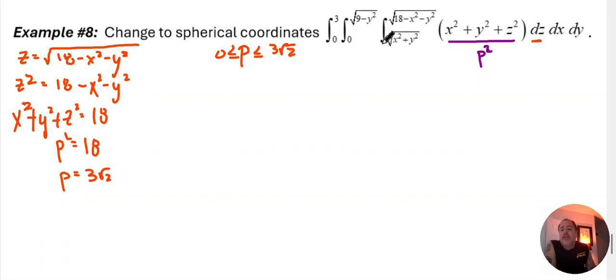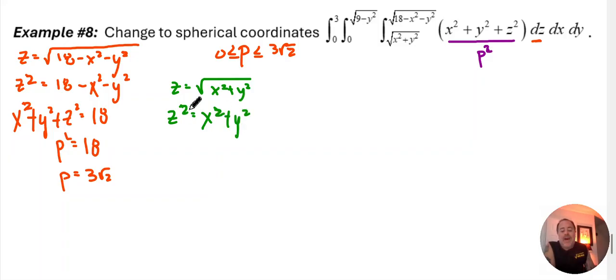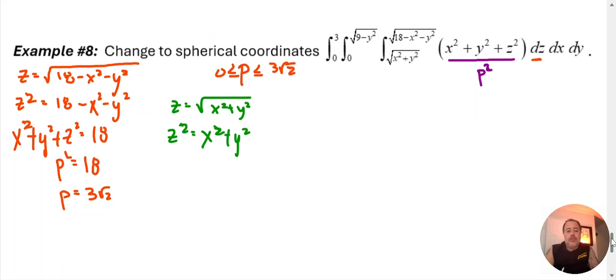All right, let's look at the other one. Let's dissect this next equation. We get that z is equal to the square root of x squared plus y squared. When we square both sides, we get z squared equals x squared plus y squared. I did this in example number 5, and I'm going to use my scroller to show you.